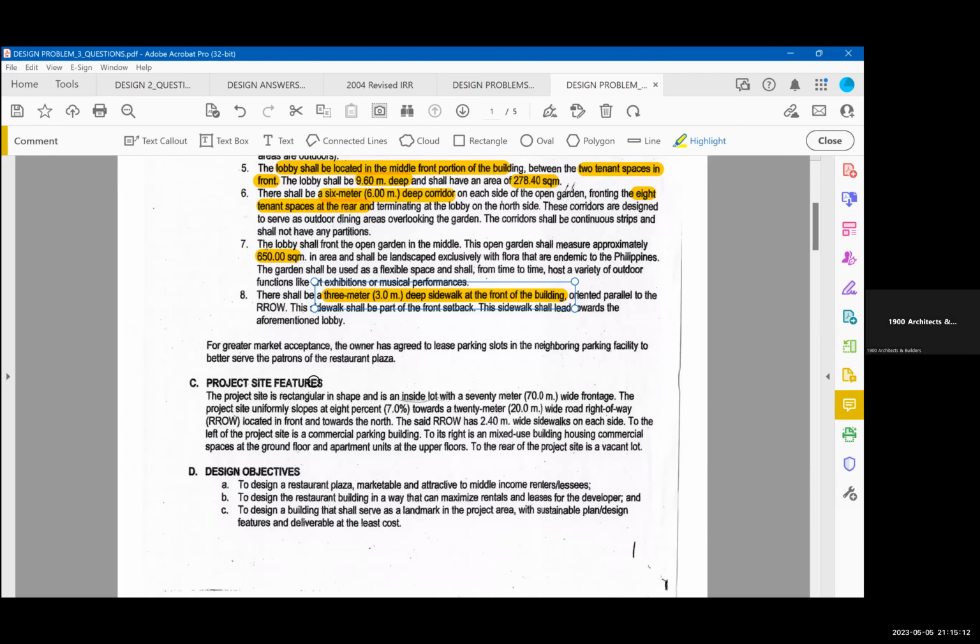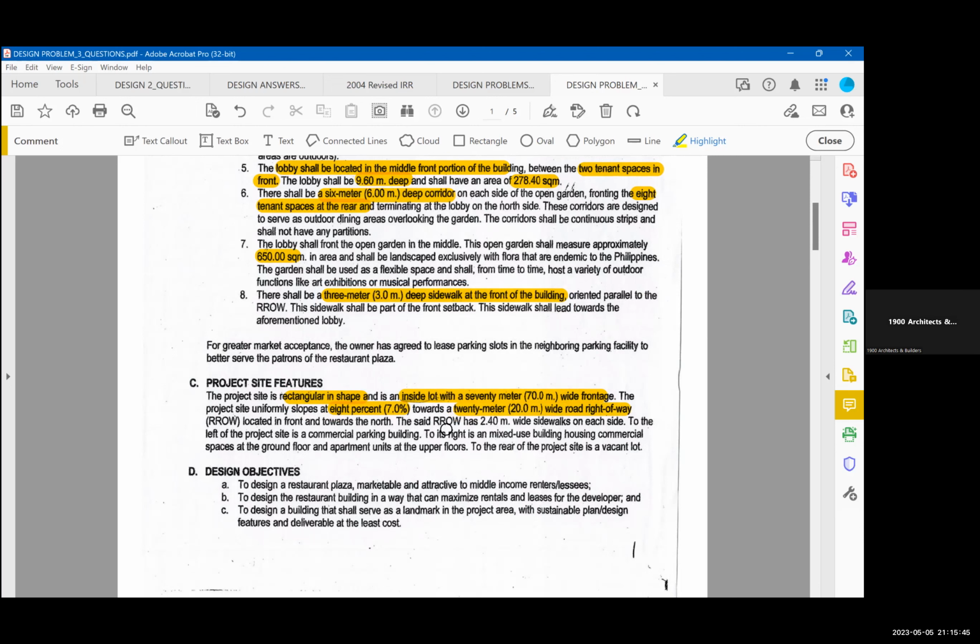C. Project site features. The project site is rectangular in shape and is an inside lot with 70-meter wide frontage. Okay. The project site uniformly slopes at 8%, pero 7% yung nakasulat na numerical, towards a 20-meter wide road right of way, located in front and towards the north.